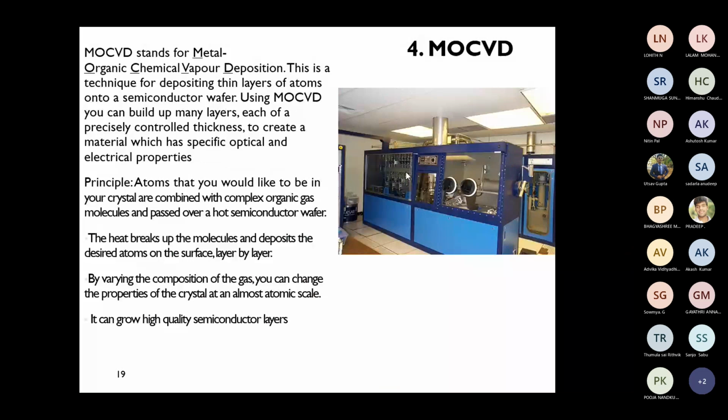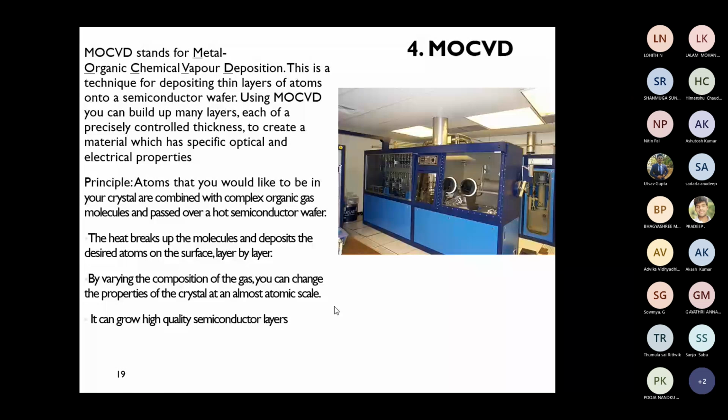And MOCVD. MOCVD is metal organic CVD. This is mostly used in semiconductor processing, where high quality semiconductor layers can be made by this MOCVD technique.